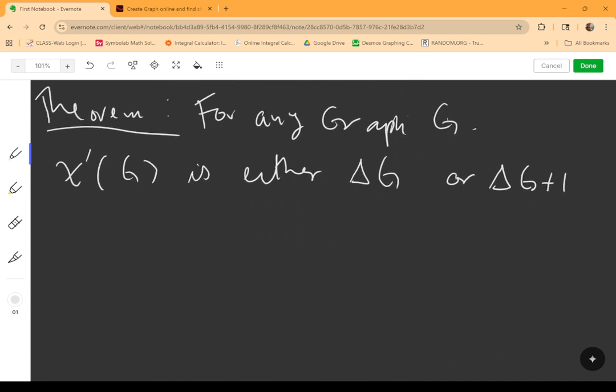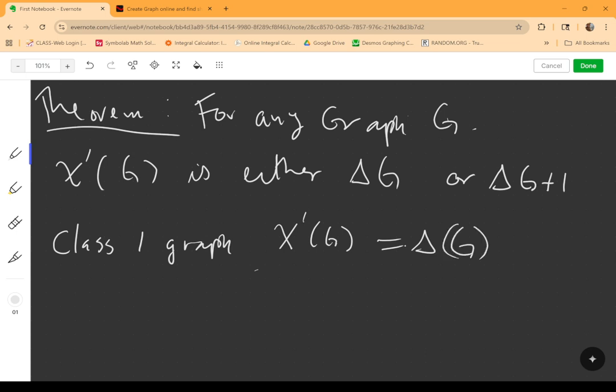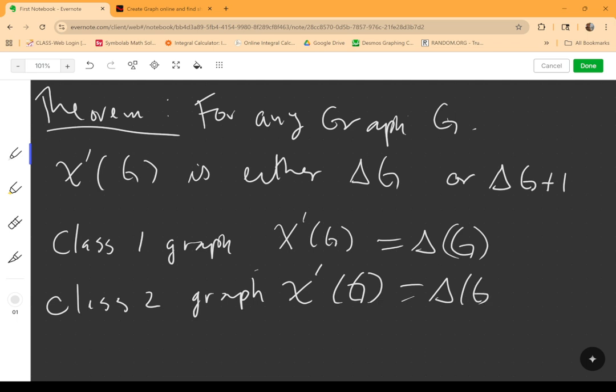So we classify these two types of situations. We call a class 1 graph one where chi prime of G is equal to delta G, and a class 2 graph one where chi prime of G is delta G plus 1.